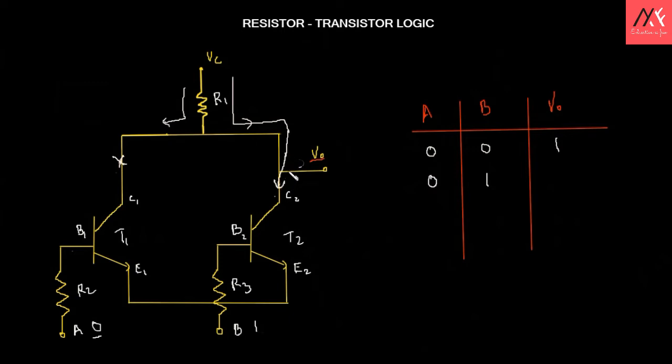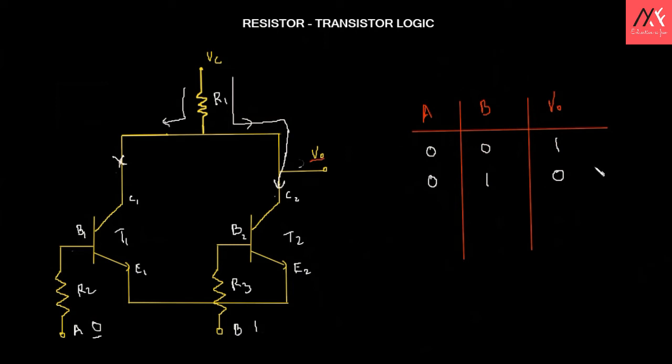So majority of the voltage will be driving the current towards the collector, and more charges will be flowing towards the collector now, right? And only a very low amount of charges are available at V0, right? So how do you show low voltage or low charges? Can simply put 0, right? So this is what happens in the input combination 0 1, right?